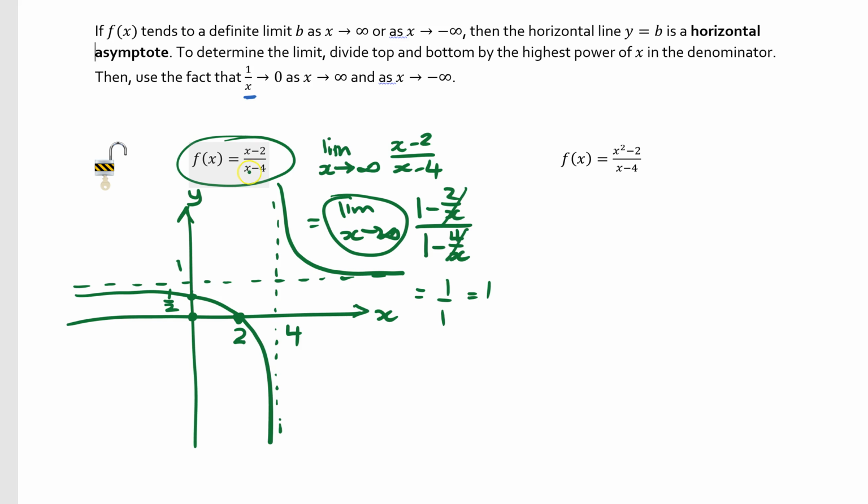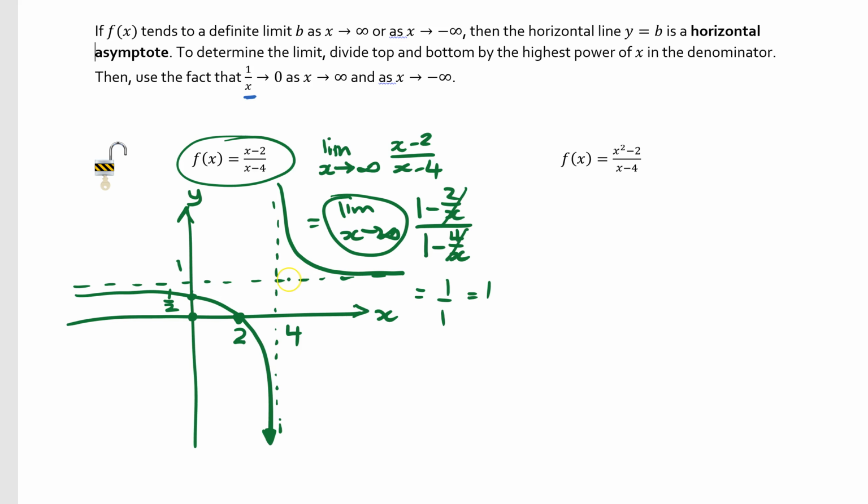So a tiny bit less than 4 means that my bottom will be a tiny negative number. And when I divide anything by a tiny number, I get a really large number, and if it's by a tiny negative number, I'll get a really large negative number. So I'm heading off asymptotically towards negative infinity there.